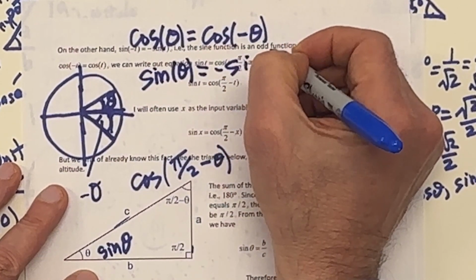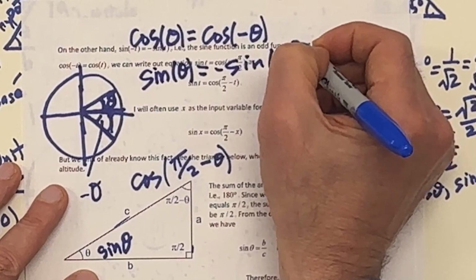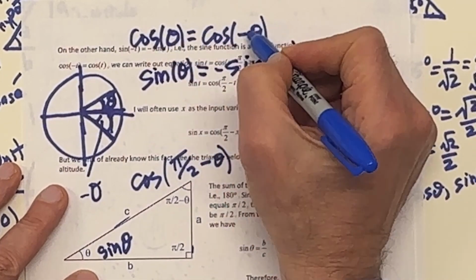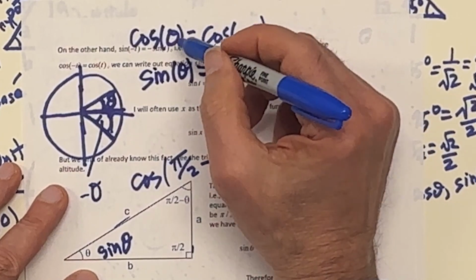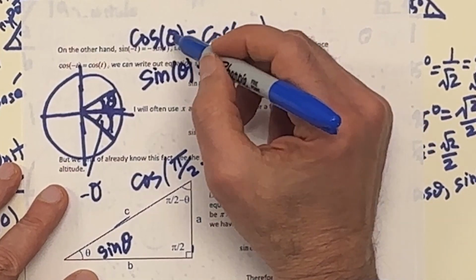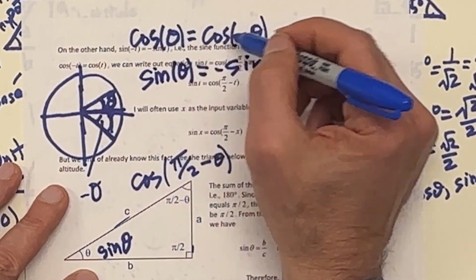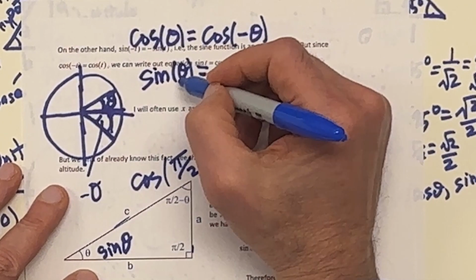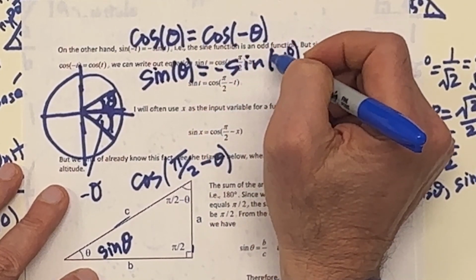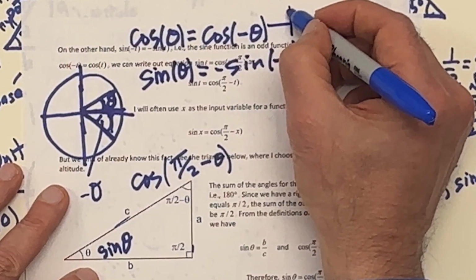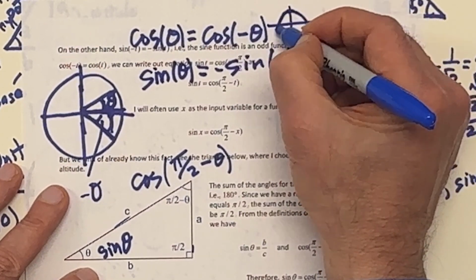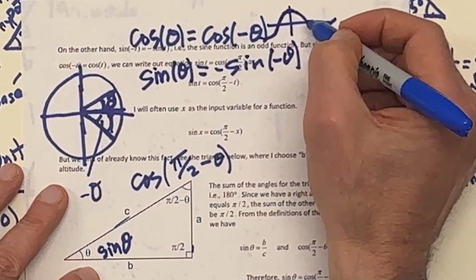So what we say here is that the cosine is an even function, and the sine is an odd function. Even function means if you change the argument from x to minus x, or from theta to minus theta, you get the same value. And here you get a negative. And that's why for the cosine, it looks the same by a reflection symmetry.